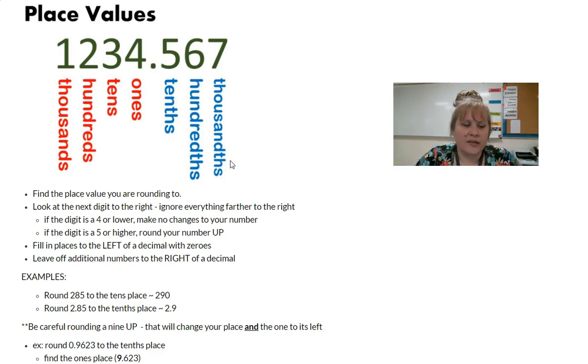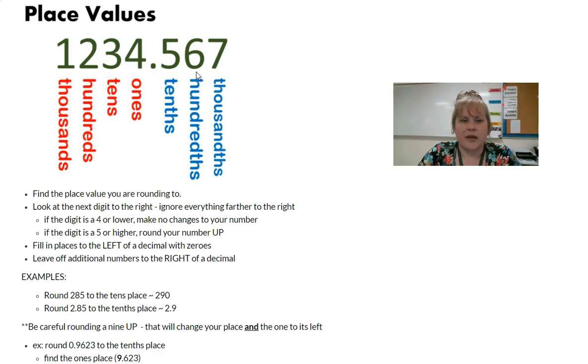Your first rule in rounding is to find the place value that you're rounding to. So if I ask you to round to the tenths place, you're going to find whatever digit is in that tenths place in your number. You're going to look at the next digit to the right and ignore everything after that. If the next digit to the right is a 4 or lower, then your number is going to stay exactly the same.